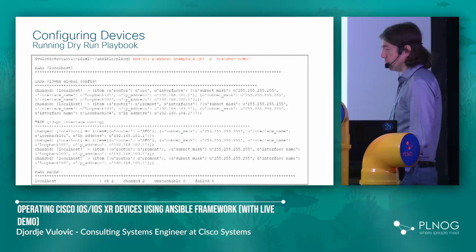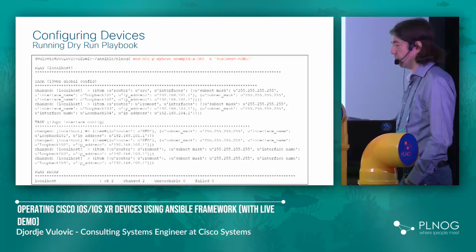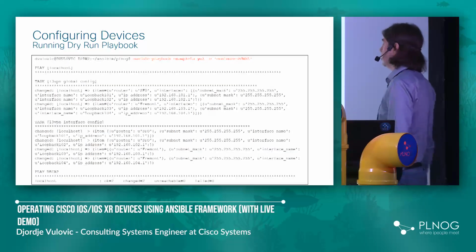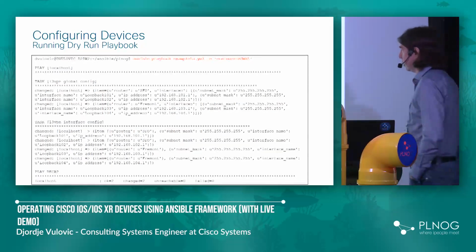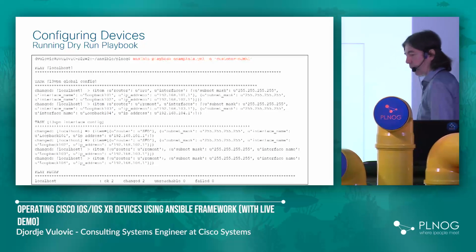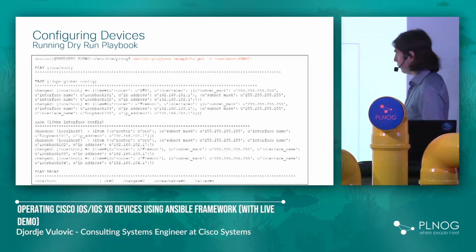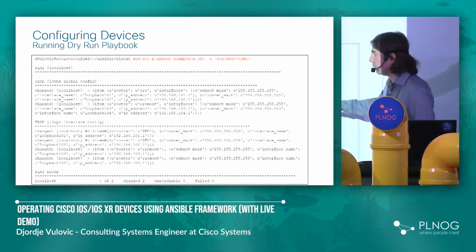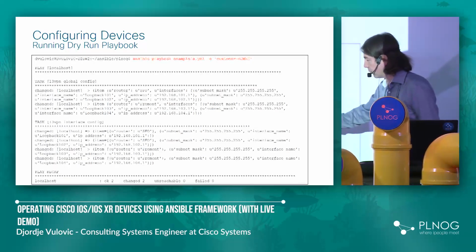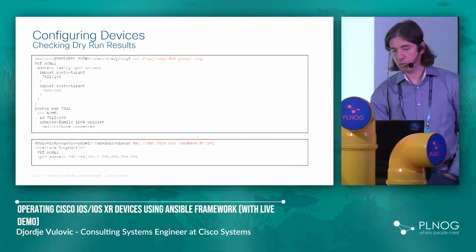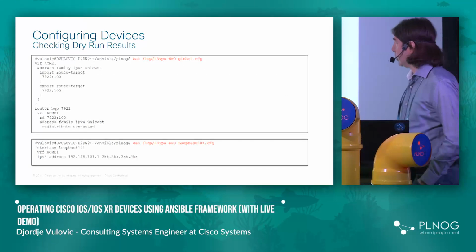But it knows if there is no result already, so there is no file in here. So changed means I created this kind of file. And Ansible created a file for the global configuration on the router SFO, global configuration router Fremont, and for interface configuration on each router. And this is how they look like.